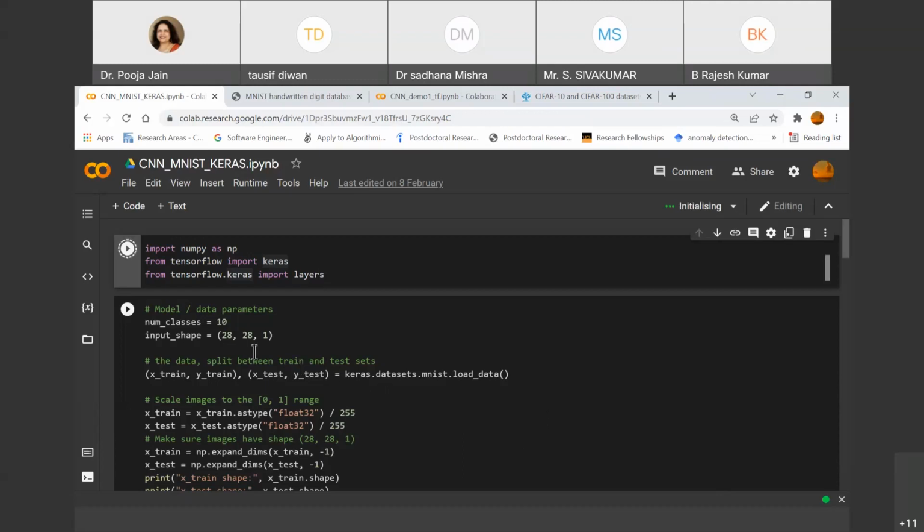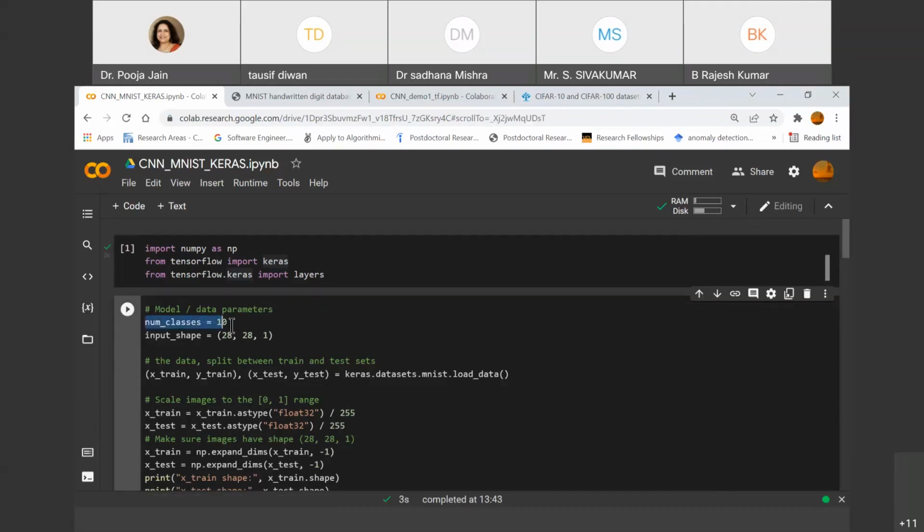Here the dataset is categorized into 10 categories. It may be handwritten digit 0, handwritten digit 1, handwritten digit 2, up to handwritten digit 9. So here we are describing the number of classes as equal to 10. Then the input shape we need to give is 28 cross 28. It's a grayscale image, that's why the depth is equal to 1.